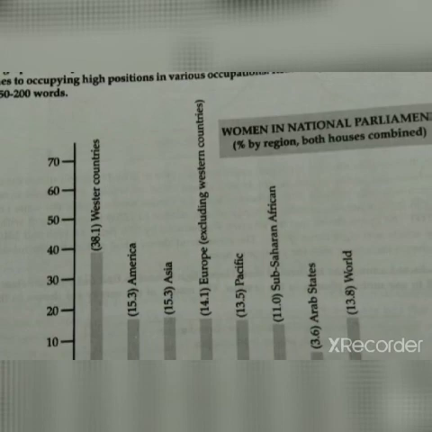It is only Western countries where the graph shows a picture of 38.1% women in the parliament. Overall, the status of women does not come at par anywhere when it comes to occupying high positions in various occupations. So that's about the analytical paragraph on bar graph.